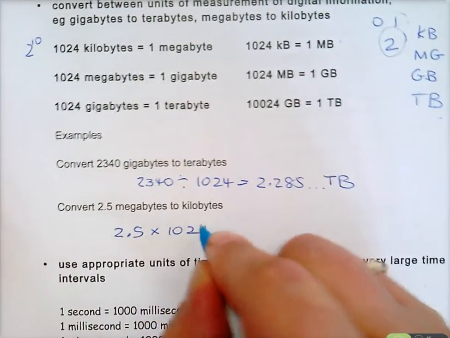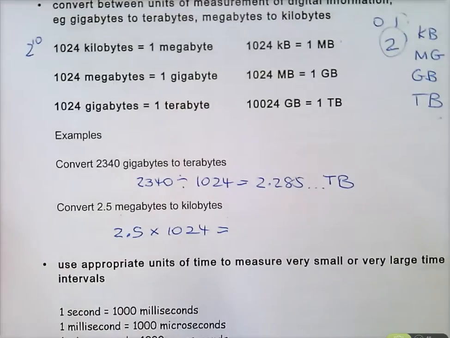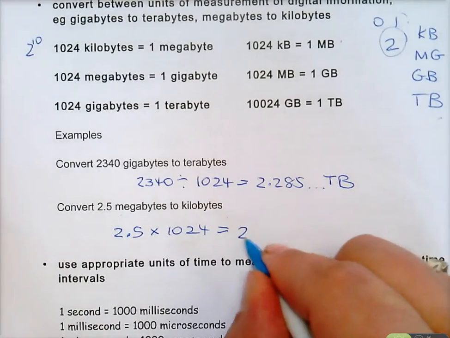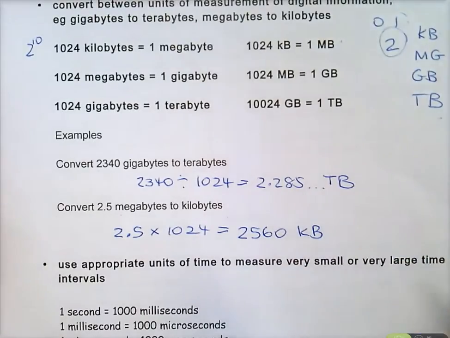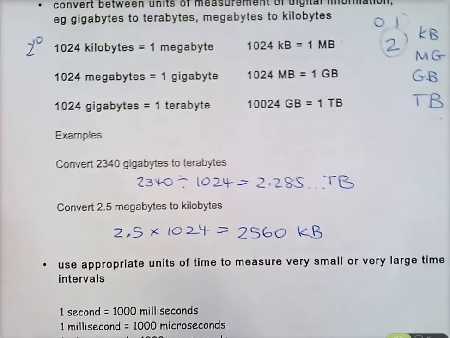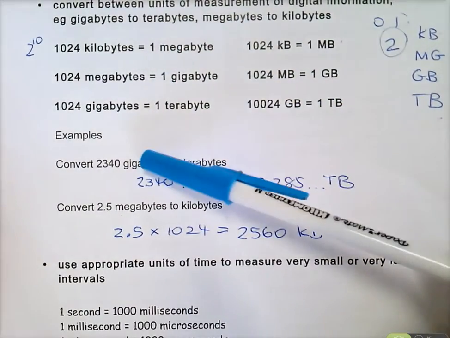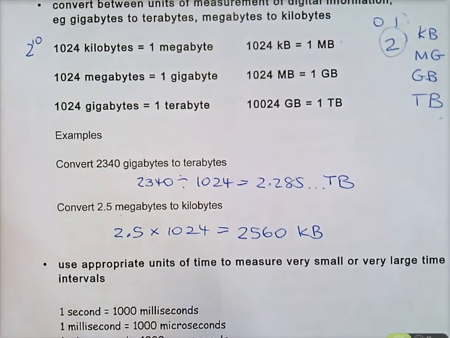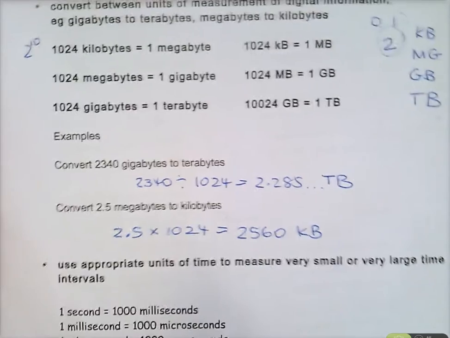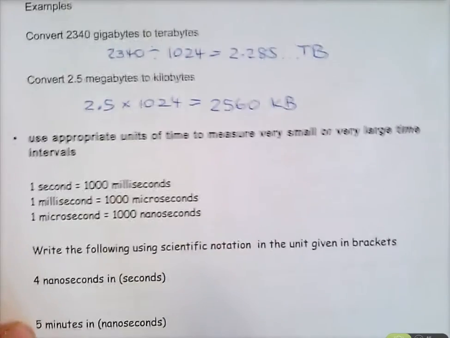Times it by 1,024 and I get 2,560 kilobytes. Okay? So girls, when you're converting bytes, as in data storage, the number's not 1,000. It's not 1,000 difference between the mega, the giga, and the tera. It's 1,024. Okay?